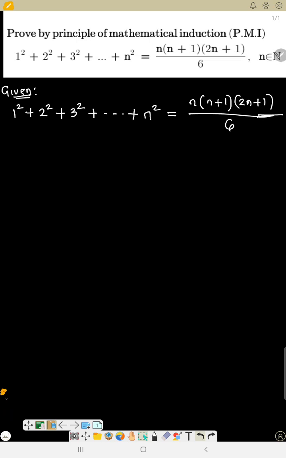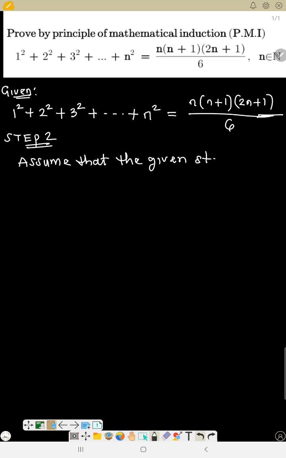So now step 2. Assume that the given statement is true for n is equal to k.